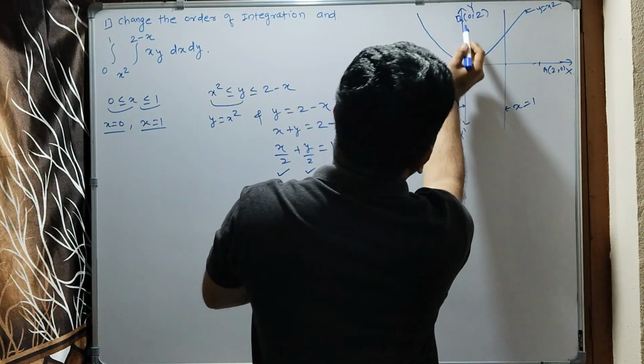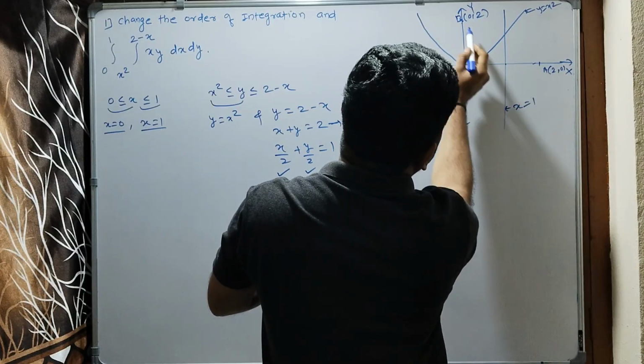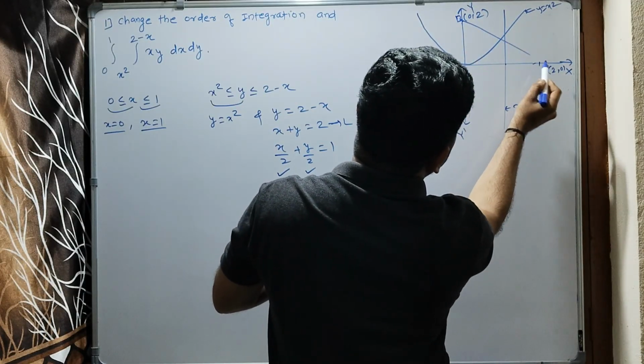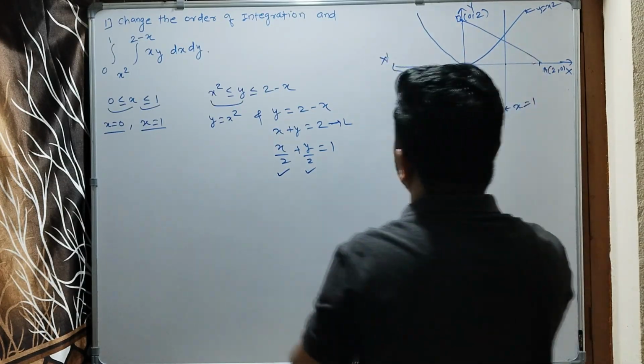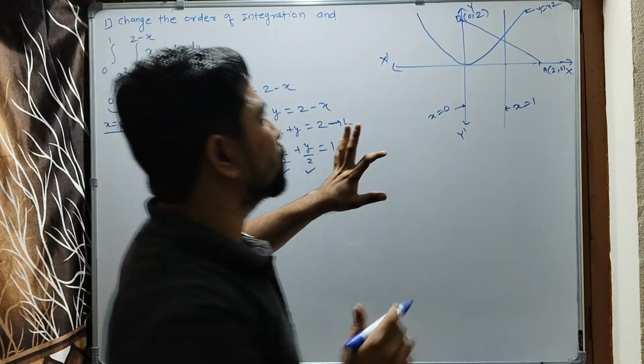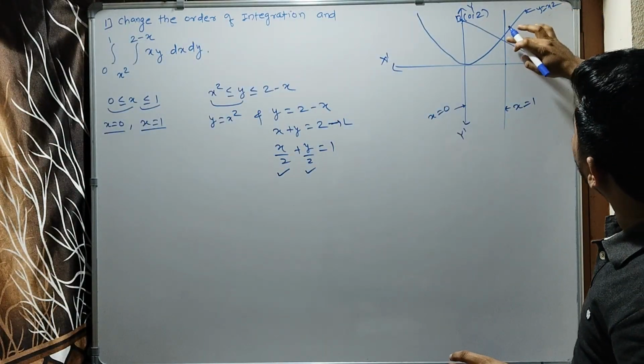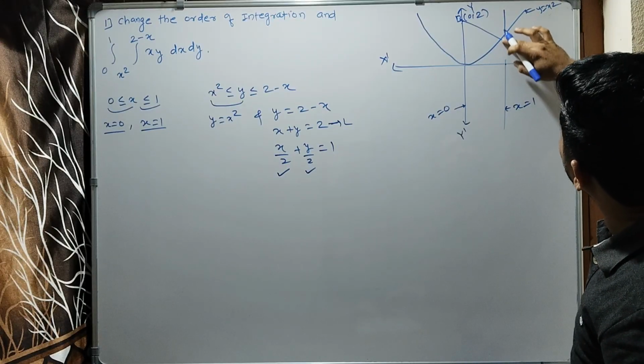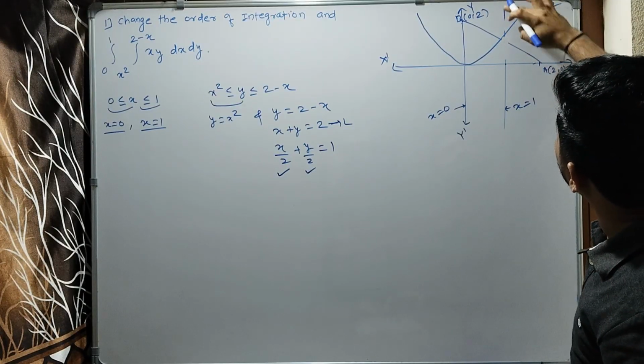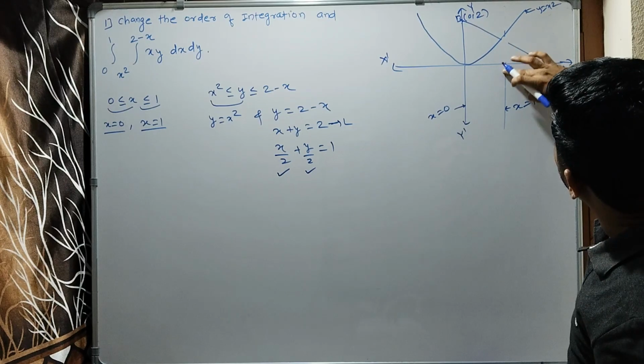So now I want to draw this line joining these 2 points A and B. So this is my line, x plus y equal to 2. Here my graph is wrong.